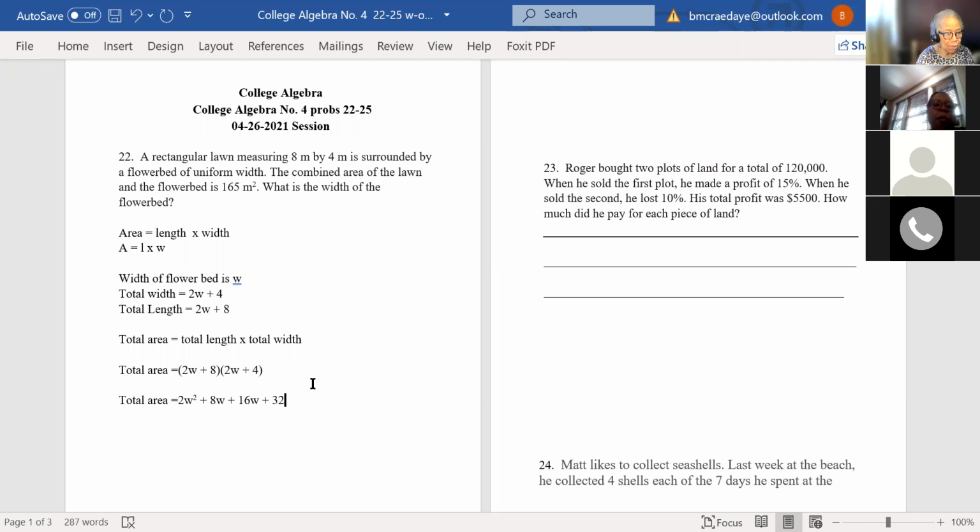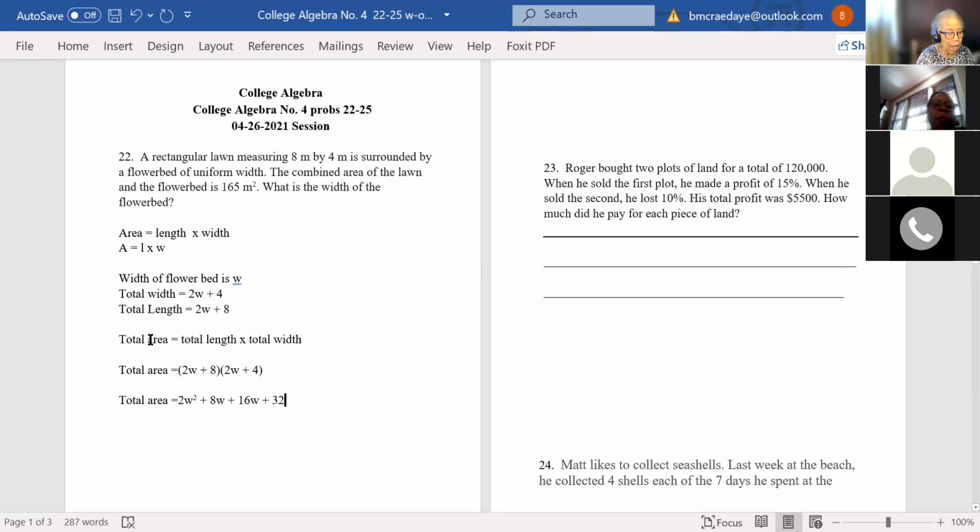Now, Latoya gave me the formula for area, and you know that, right? Length times the width. Okay, now the total width is 2W plus 4. The width of the flower bed is W, but the total width of the lawn and the flower bed is 2W plus 4. And the total length is 2W plus 8 using these dimensions, right?